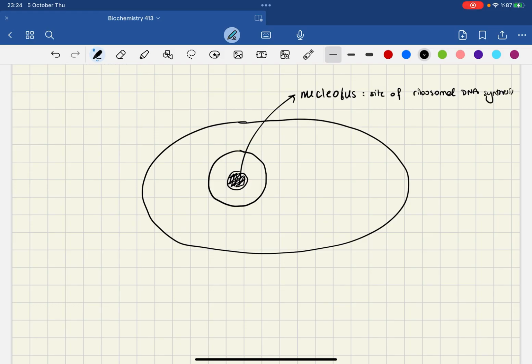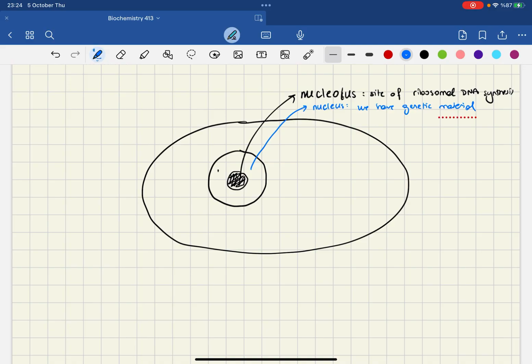All right, what do we have next? Now, we know that inside the nucleus, we have the genetic material. Now let me emphasize that also. Inside here, this is called the nucleus, and we have genetic material in this part of the nucleus.